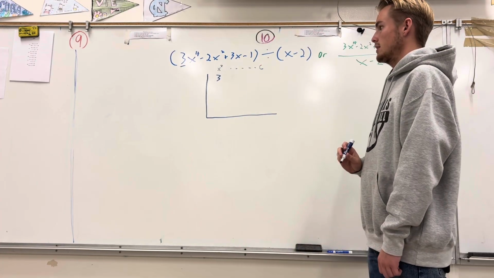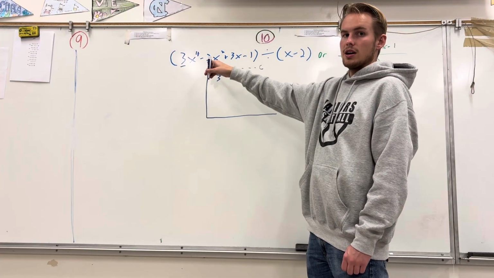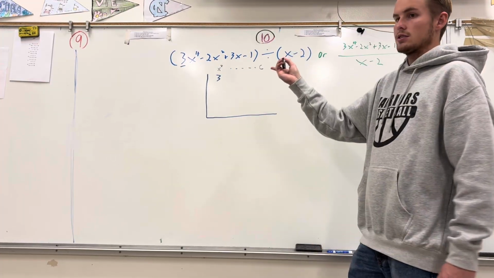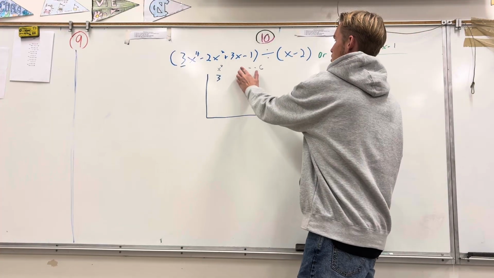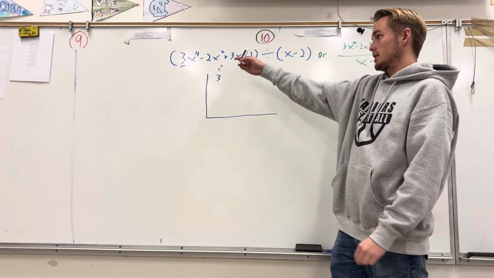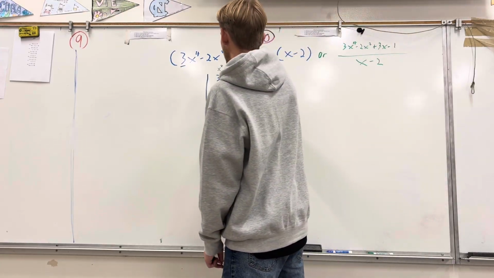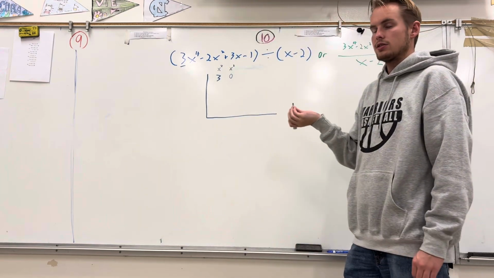So that means that even though we don't see an x cubed on here, there's an invisible x cubed and it's 0x cubed. It's just not written there. So after we put our 3, we can't write negative 2. We put 0, since we have a 0x cubed.